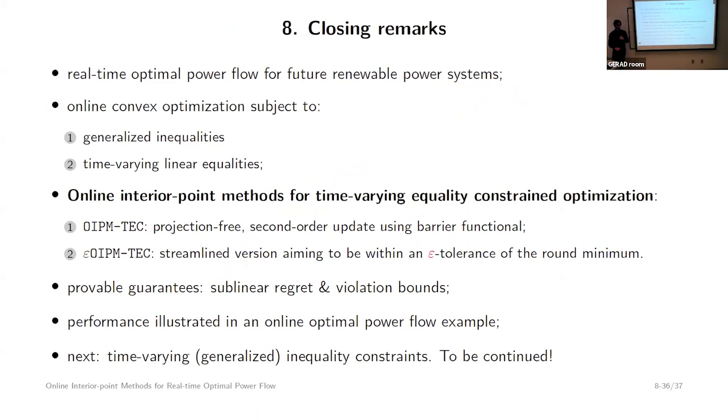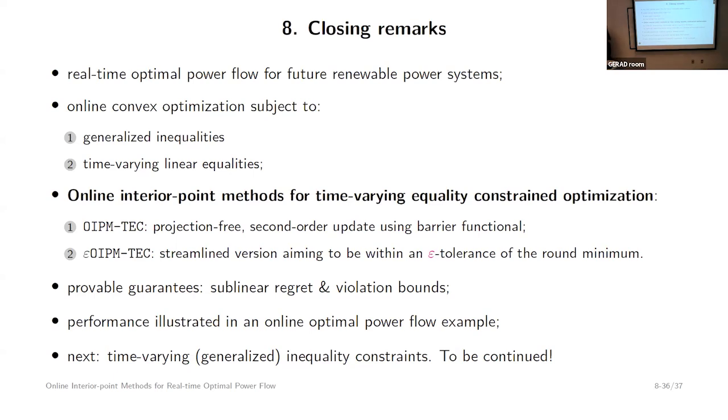In our work, we worked pretty hard on including generalized inequality and time-varying linear equality as a component induced by the problem we're considering. So we formulated the online interior point method for time-varying equality constraint optimization, OIPM-TEC, which is a projection-free second-order update using barrier functionals, so a path-following interior point.